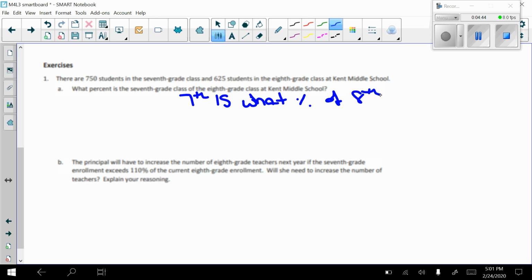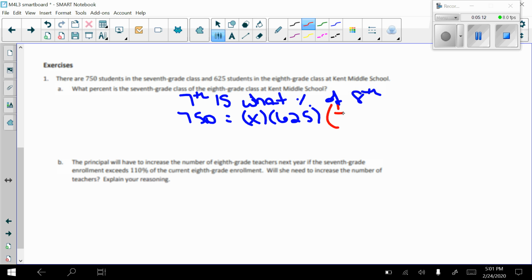There are 750 students in the 7th grade. So 750 is what percent of the 8th grade. 8th grade, the story tells me, is 625. There's my equation: 750 equals x times 625. Solve the equation.